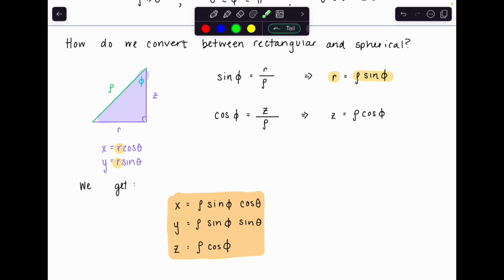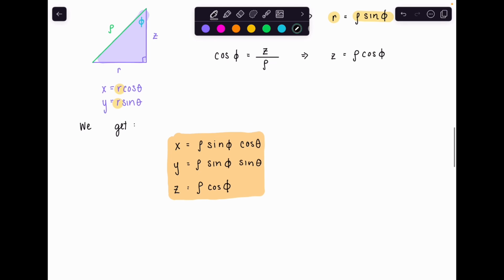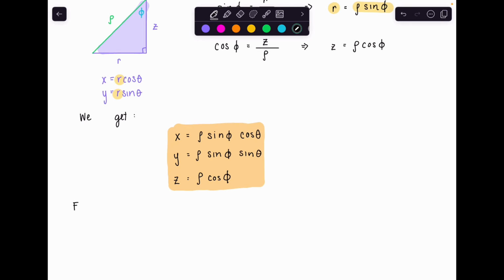The other conversion that comes in handy, this is a sphere with radius rho. So if you remember the equation of our sphere, it's x squared plus y squared plus z squared is equal to your radius squared. So realistically, the same formula ends up generalizing. X squared plus y squared plus z squared is going to equal rho squared. So I'll show you that still holds though, because we know x squared plus y squared is equal to r squared. We have this formula for z, and so the same generalization is really going to hold.